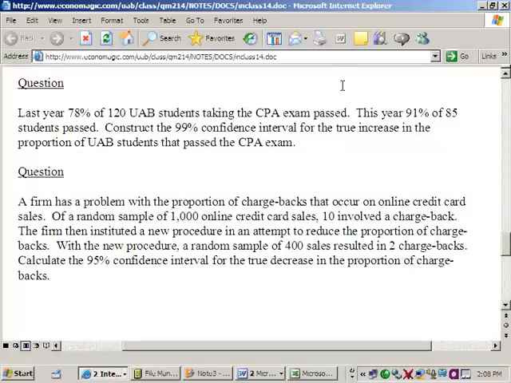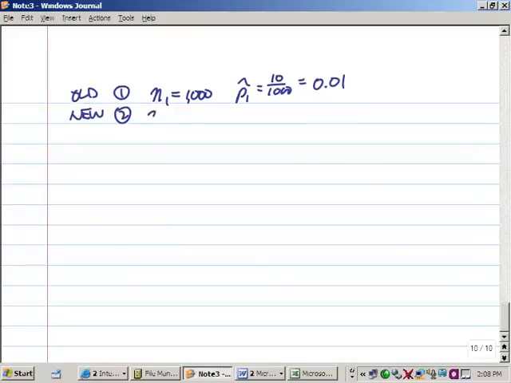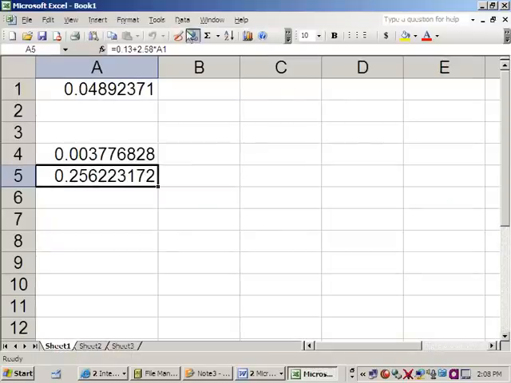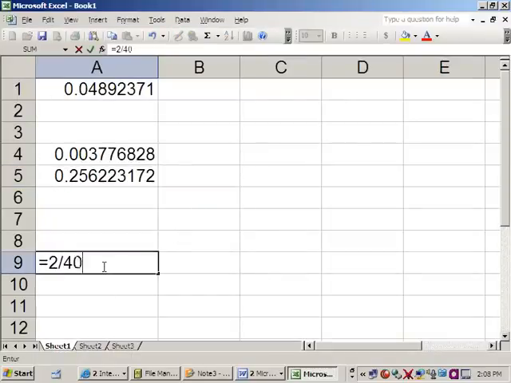New procedure, 400 is the sample size, 2 chargebacks. So 2 out of 400 looks like 0.5%, right? 0.005. But if you can't be certain, just work it out. So 2 divided by 400, right? Yes, 0.005, 0.5%.